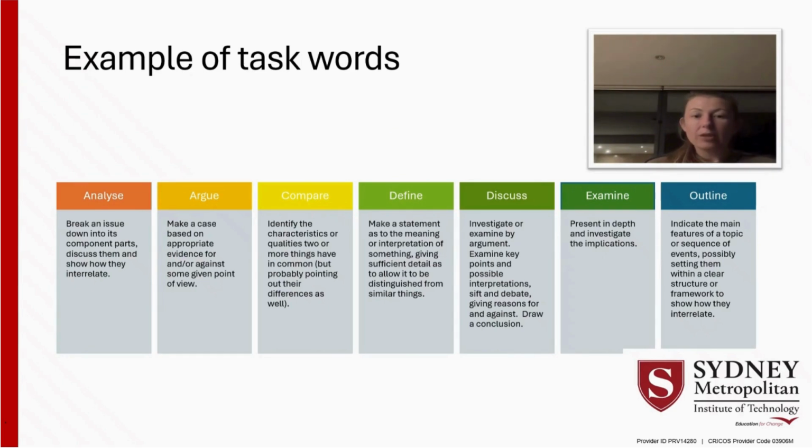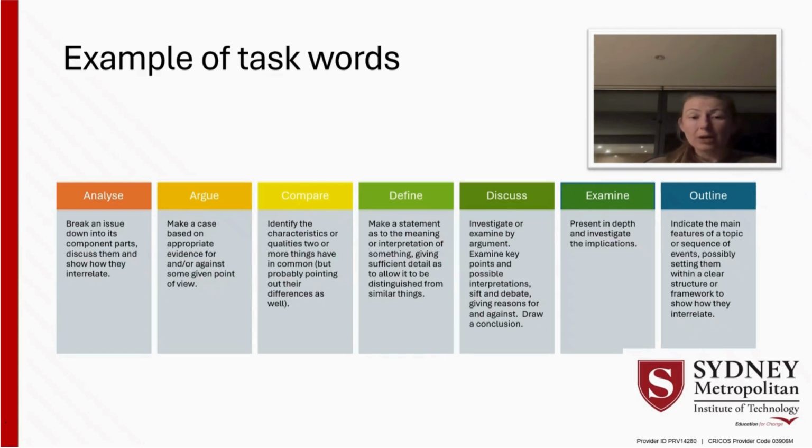Now we have got examples of task words here. This is really important, and I think that often students don't really understand the different types of task words. Again, this is not an exhaustive list. I have just identified some that we often use. So it's important to identify. This is going to have a really big impact on the outcome, the marks that your lecturer can allocate.